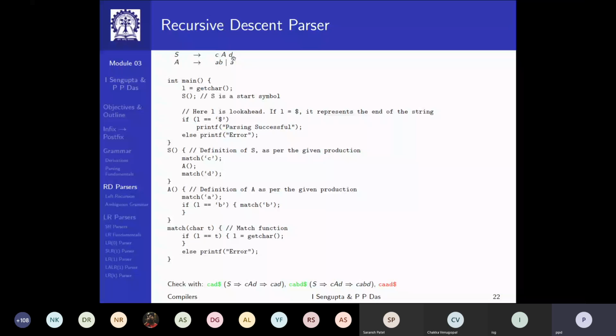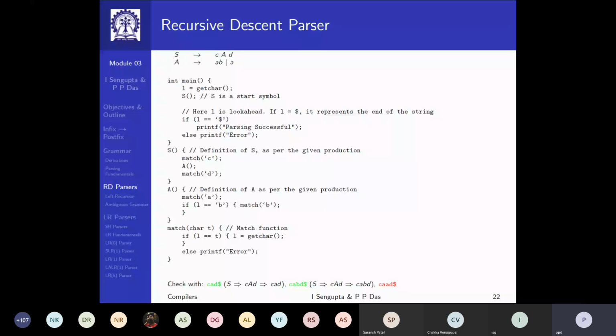We'll come back to S and see that it will have to be a D. But if it is not a B, then you know that this production rule is done with, and you are talking about the other production rule which has matched its a, and therefore you have to go back. Otherwise, if it is B, then you match with B and get the updated look ahead and then go back to wherever you came from.